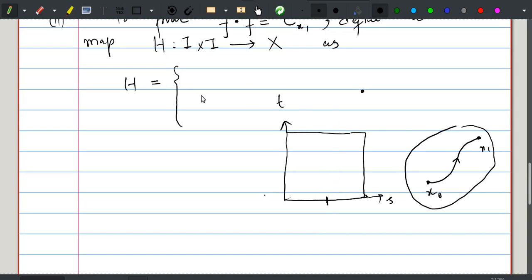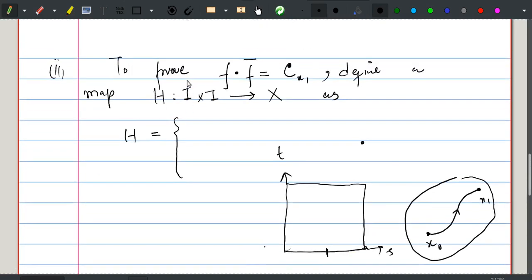What this actually means is that f product with f inverse is homotopic, not equal, to the constant path. What does this mean actually? It means that going from x0 to x1 and back is the same as staying all the time at x0.